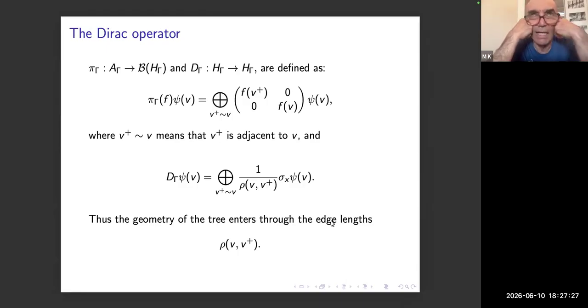Alain always emphasized that this Dirac operator is the propagator, which means it is a Green function, or in this case it's x minus y inverse. So it comes into that. Sigma x is the Pauli spin matrix sigma x, which is 0, 1, 1, 0, with 1s off the diagonal.